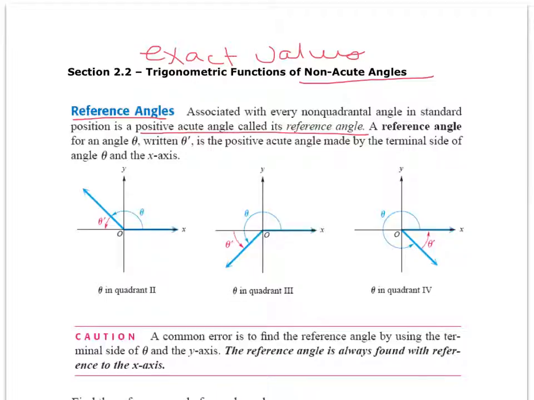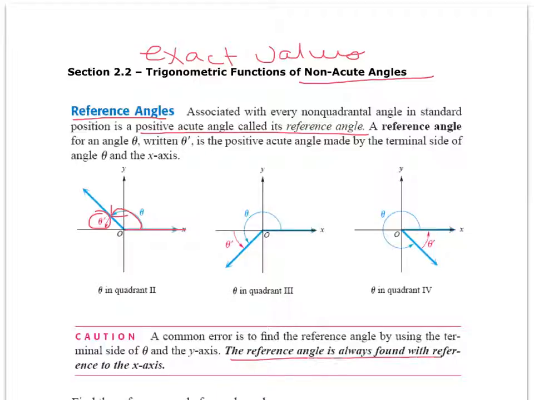So we're looking at quadrant 2. Here it is in standard position, and it opens up to here. The terminal side is where the angle ends, and then we're going to look at what's called theta prime, which has the little tick mark. That's going to be our reference angle, and we always work with the x-axis.